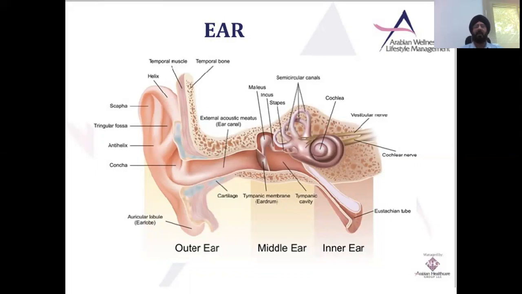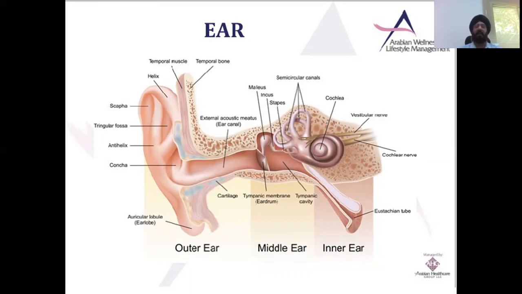The middle ear comprises the eardrum and three tiny bones, malleus, incus and stapes. These tiny bones are responsible for conducting the auditory stimulus and passing it to the brain after conversion into electrical impulses.